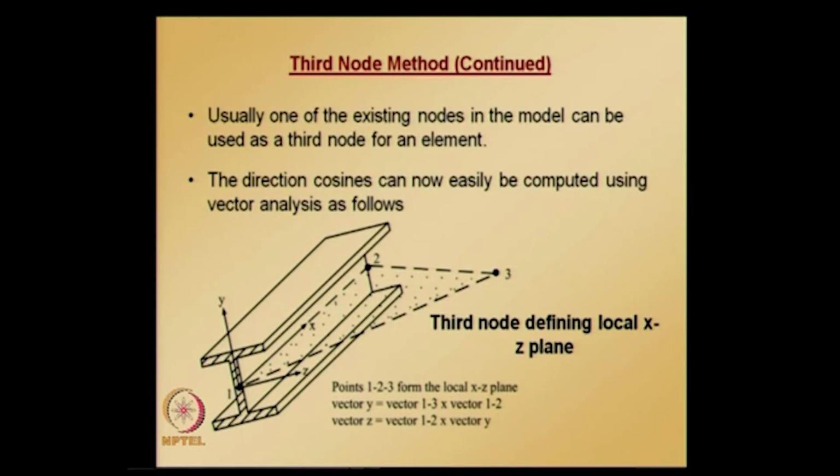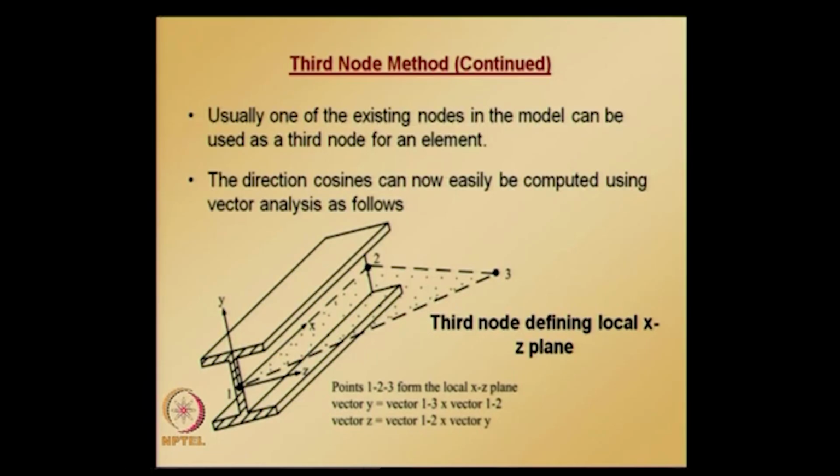So points 1, 2, 3 you can see from the figure form the local xz plane, and vector y we can obtain by taking the cross product of vector 1, 3. If the third node is specified, we can find the vector going from node 1 to node 3.